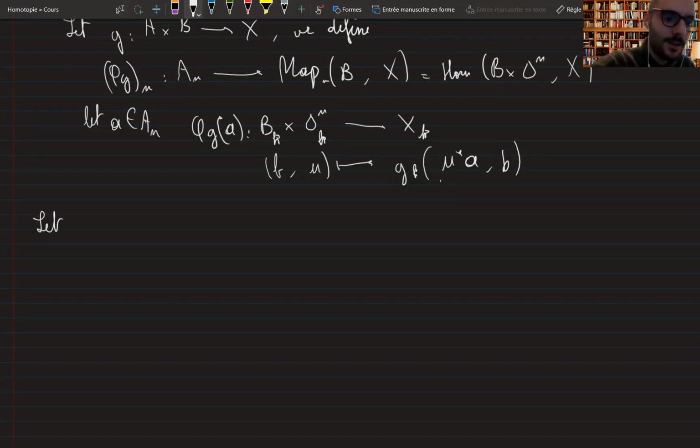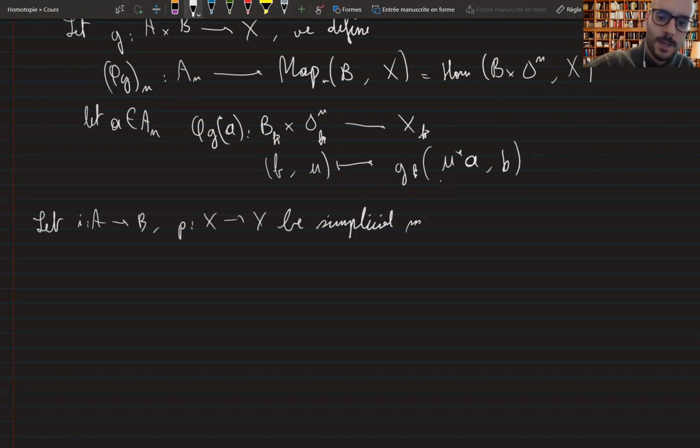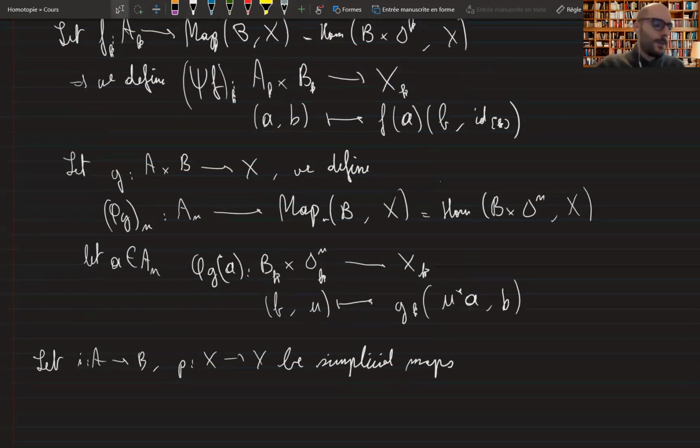So let I from A to B and P from X to Y be simplicial maps. All right, so you have two simplicial maps.